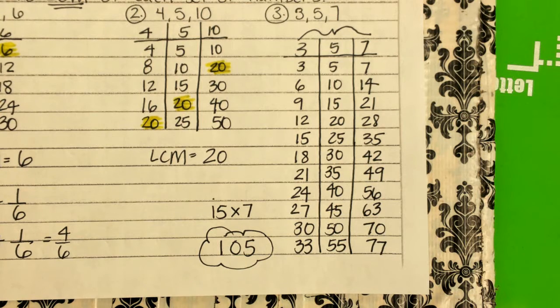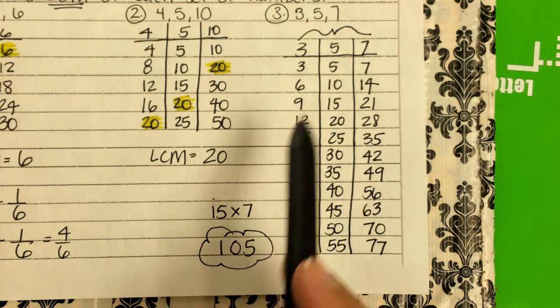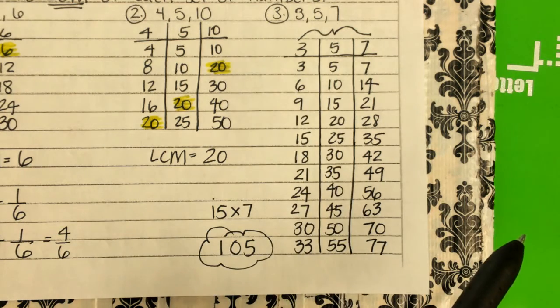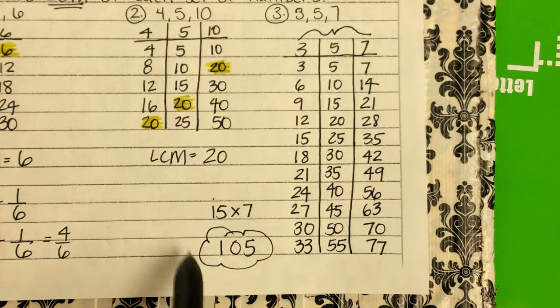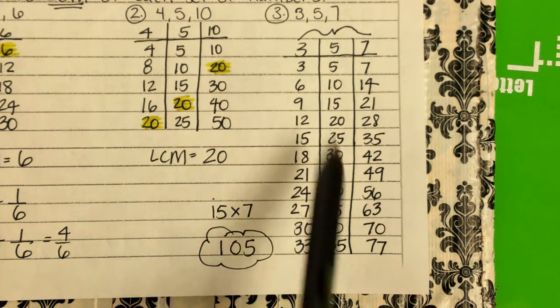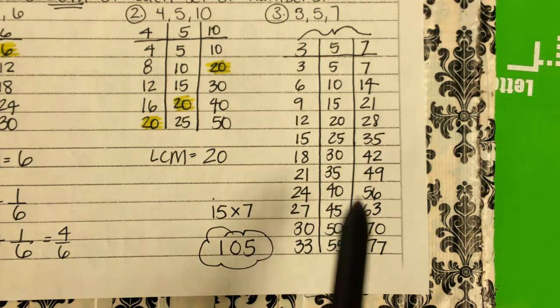So yes, there will be times where you keep going and you're like, wait, I'm not getting a common number. We're not getting anywhere. So you can go back, multiply those together, and that would give you at least a common multiple that they share. And if you've gone this far, more than likely it is the least common multiple.